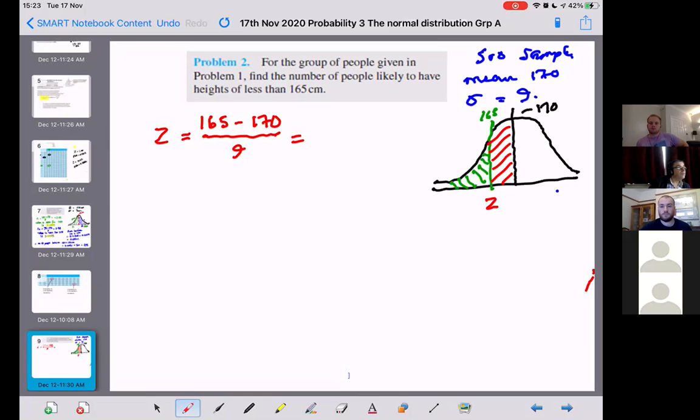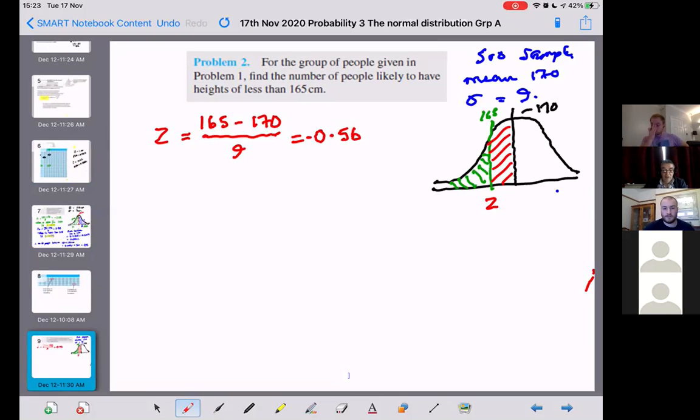I get 0.556, so 0.56 to 3 digits. Minus actually, because it's underneath.